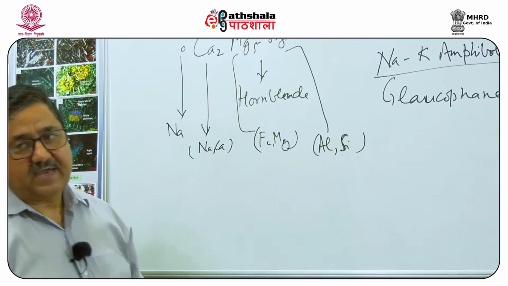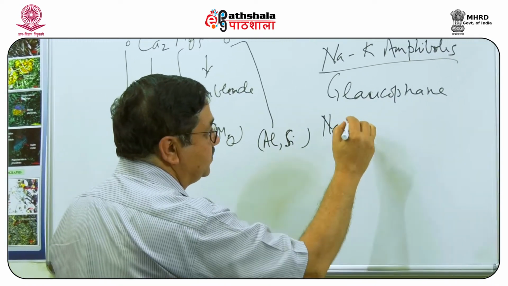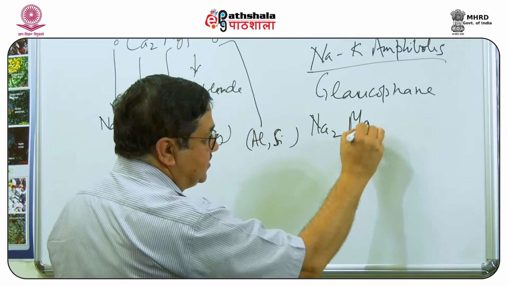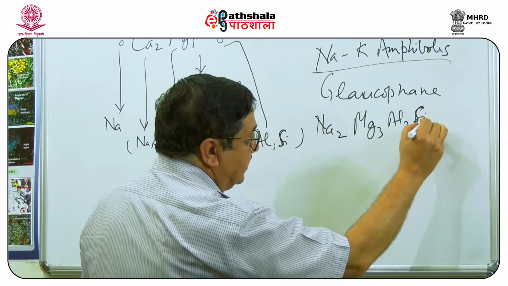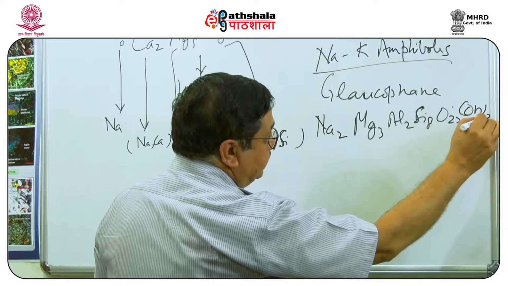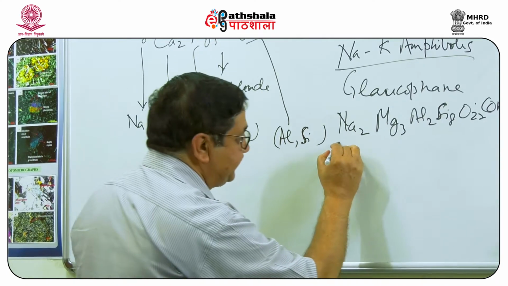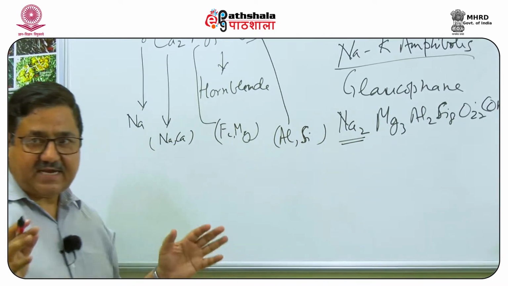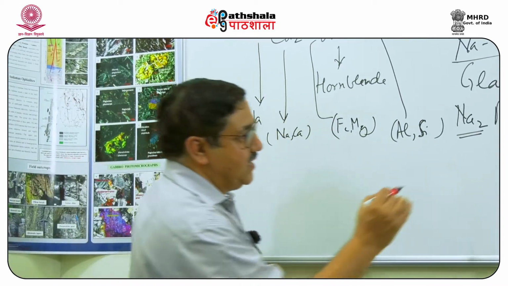This can be represented by a formula like Na2Mg3Al2Si8O22. Now, as you can see, in this a larger cation is present instead of in this position.